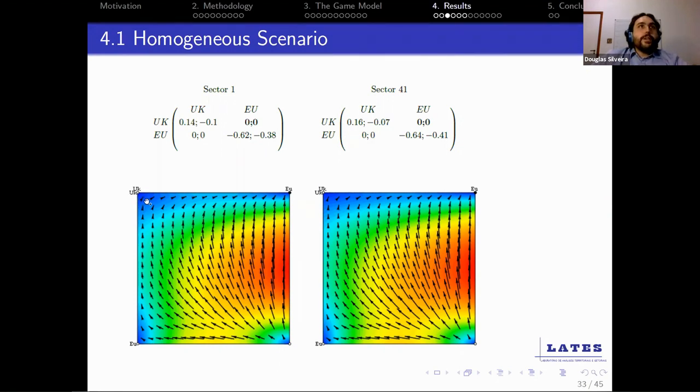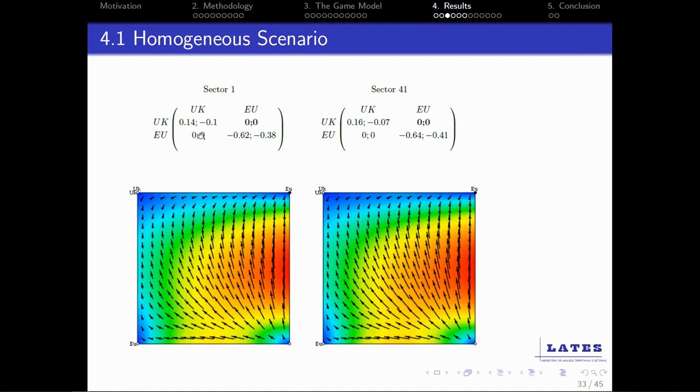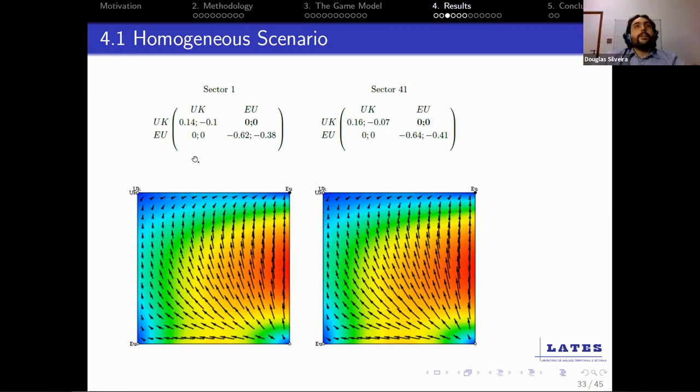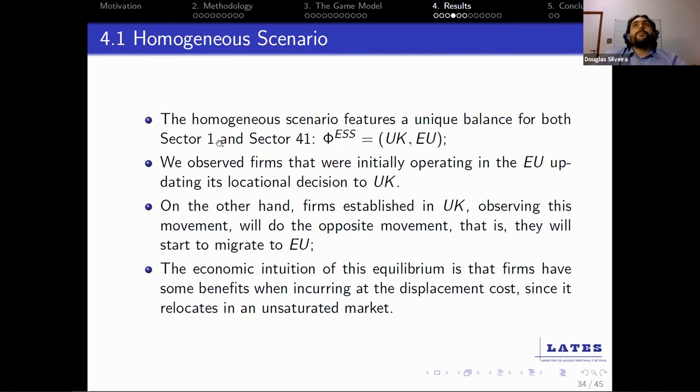And we see that the only equilibrium for both sector 1 and sector 41, where the dynamics of the phase diagrams are pretty much the same, is one in which type A firms and type B firms will switch their location strategy. And so the homogeneous scenario features a unique equilibrium for both sector 1 and sector 41, which will be given by UK and EU.